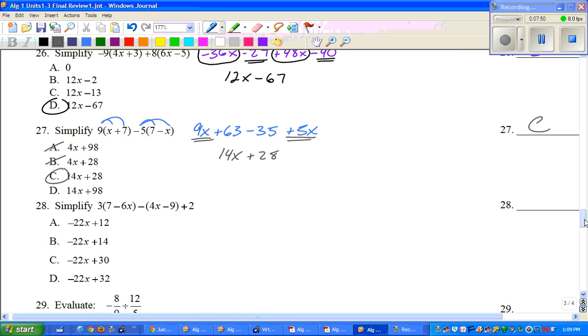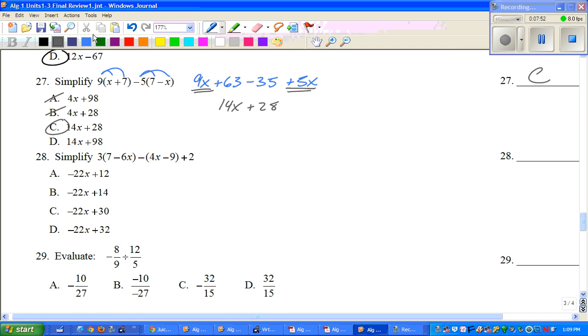All right, 28. Distribute. So you get 21 minus 18x. Remember, that's a negative sign, so negative 4x. We're doing negative 1. Negative times a negative is positive 9. And then we just keep the 2 on at the back. Okay?